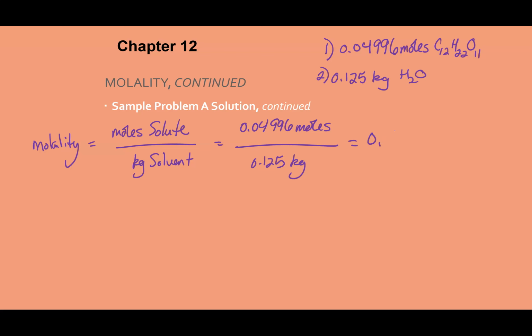That's going to give us a value of 0.3996, which I'm going to round up to 0.400. We could write out the word molal, but really what we should be writing is the shorthand unit of a lowercase m. And that's our first problem. Moving on.